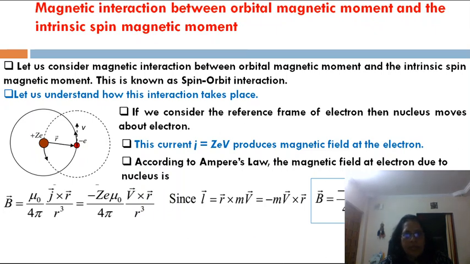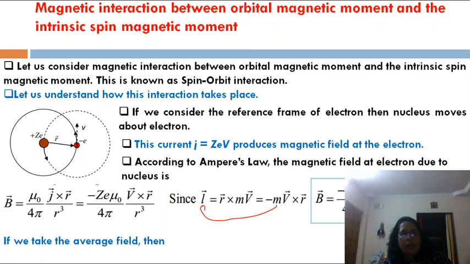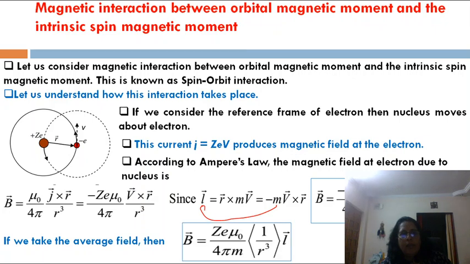As v cross r is equal to L by m, therefore we get B is equal to Z e mu 0 by 4 pi, m v cross r cube, or m v cross r by r cube is L by r cube, minus. If we take an average field, it will be like this, 1 by r cube is the average.